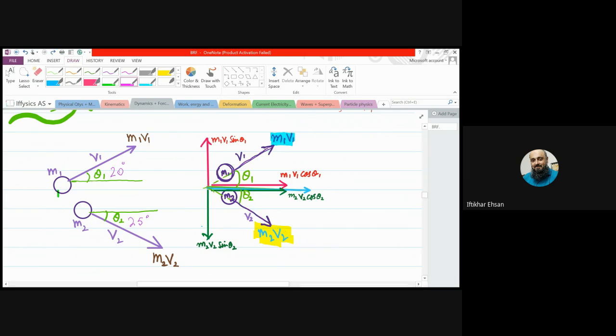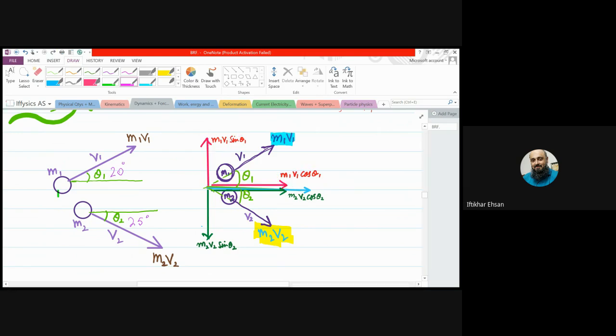So m1 v1 will have one horizontal component, which is adjacent to the angle, that is always m1 v1 cos theta 1, and the vertical component will be m1 v1 sine theta 1. The horizontal component is the original times cos of theta, and the vertical component is the original vector times sine of theta.